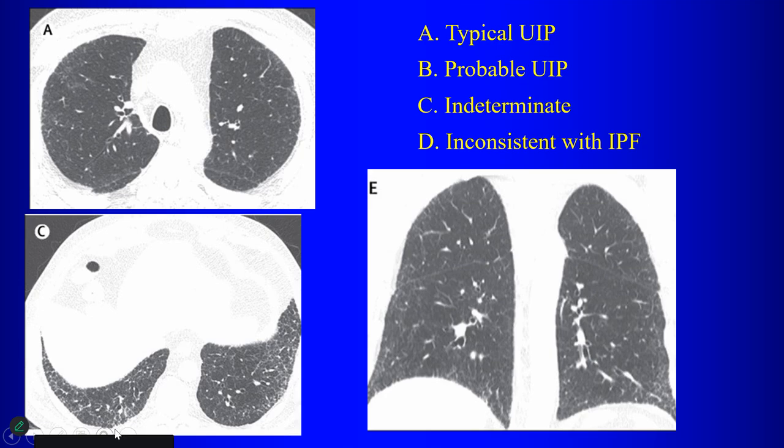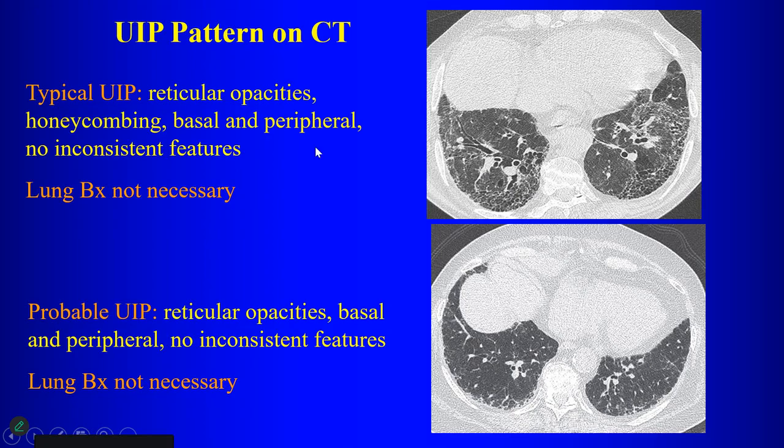So there is fibrotic disease. So if we have a peripheral distribution of coarse reticular opacities and evidence of fibrosis with traction bronchiectasis, that is a probable UIP pattern, all right? If there was honeycombing, then it would be a typical UIP pattern. Both of those categories have a high probability of having underlying idiopathic pulmonary fibrosis.